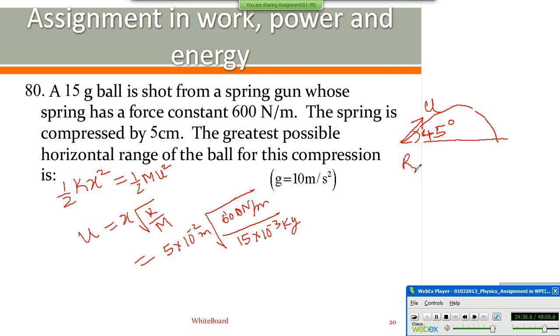So maximum horizontal range for given initial speed u is given by u square by g, as I discussed in the theory of projectile motion. In general, the horizontal range in the case of oblique projection is u square sine 2 theta by g. Here theta is 45 degrees for maximum range. You can substitute the value of u from here, simplify it, copy down and complete the calculation yourself.